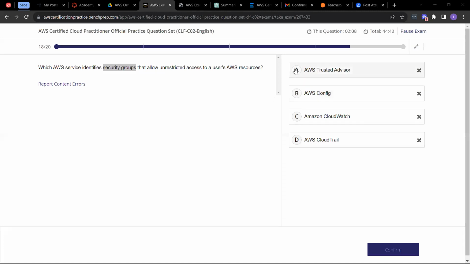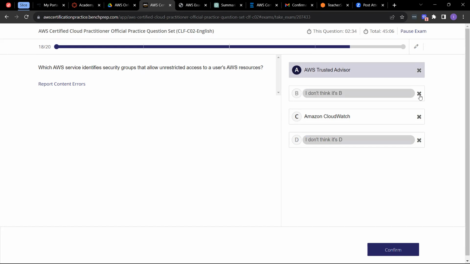So Trusted Advisor, right? This one, I don't know. I forget, but me, I think it's CloudTrail. Yeah, I think so too. Because CloudTrail is for logs, right? Config is for something I've forgotten.